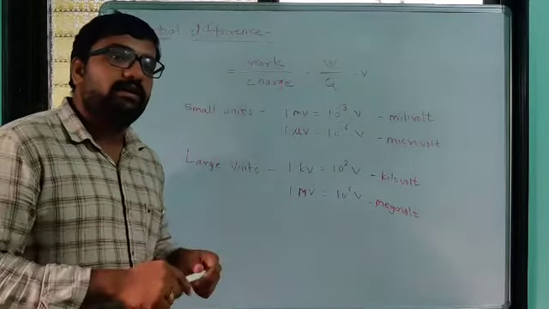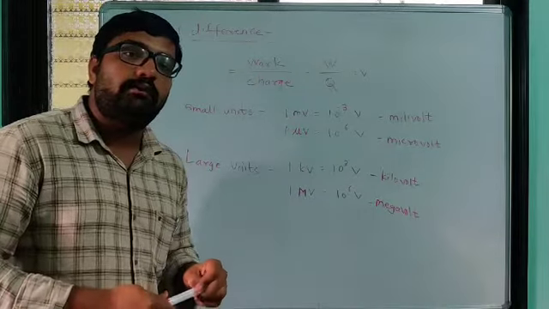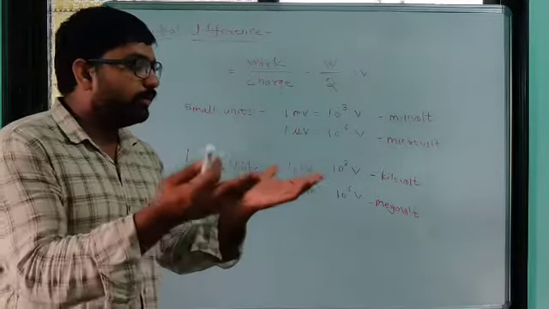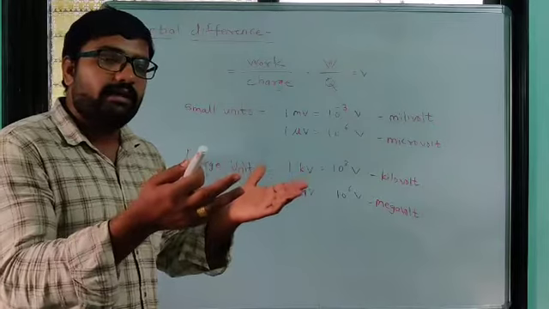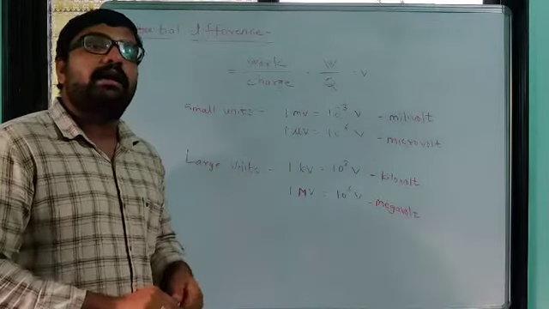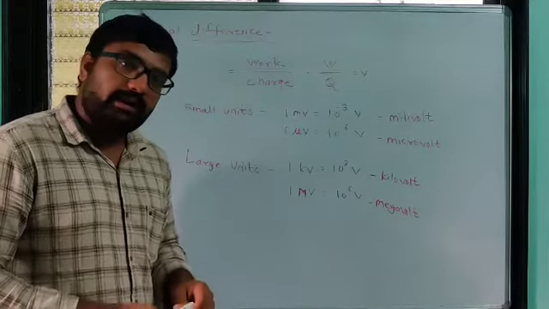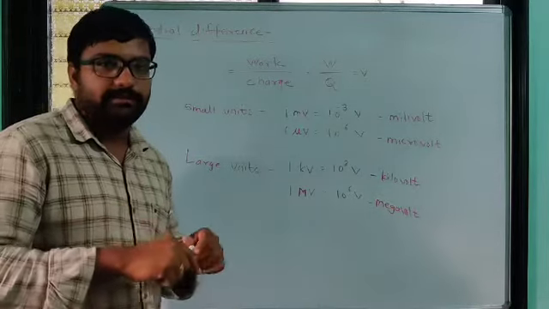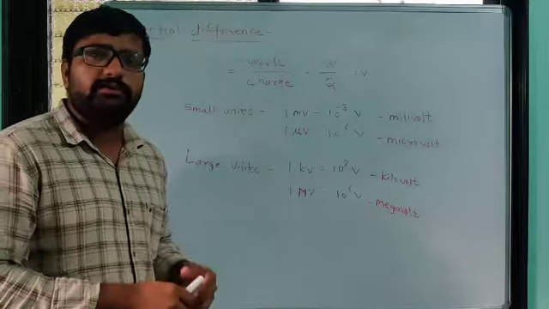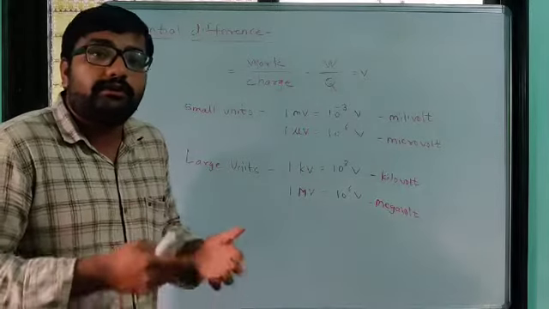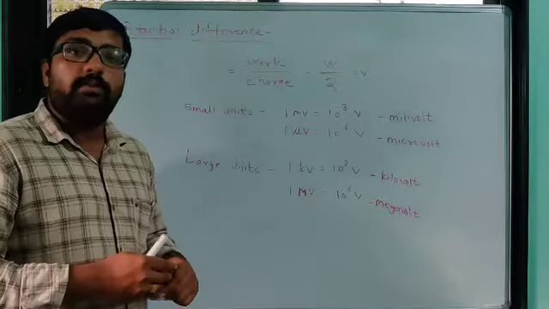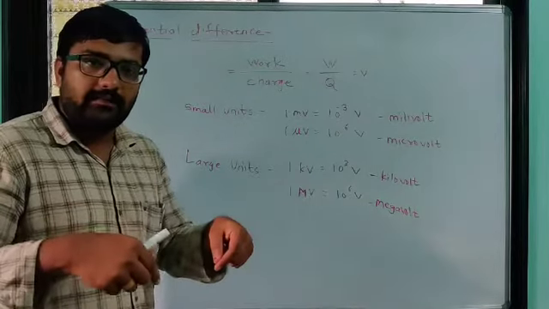For that, I told you yesterday the example of an electric wire. If you take only an electric wire in your hand, you will see that there is no flow of electric current. But as we connect it to a battery, what do we do? We give a potential difference between the two terminals of the wire.